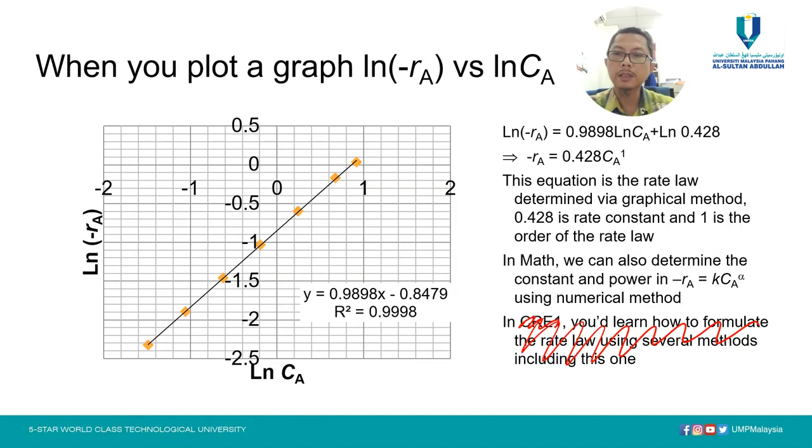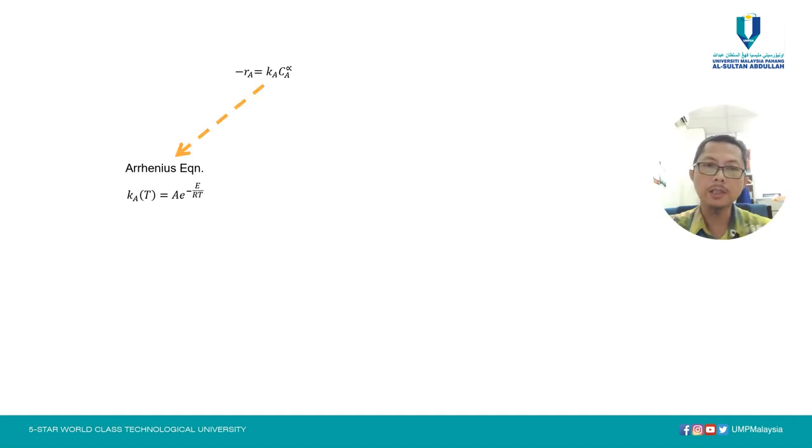Next is on the K. This is going to be the value of K, here it is 0.428. What is K actually? K is called the rate constant. We determine the rate constant from the temperature.